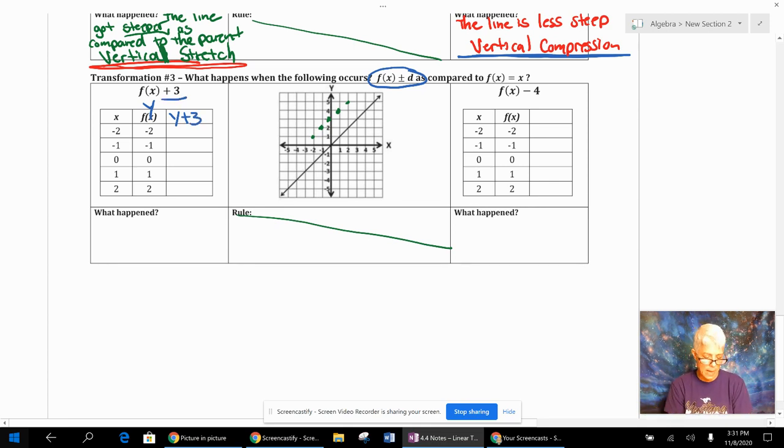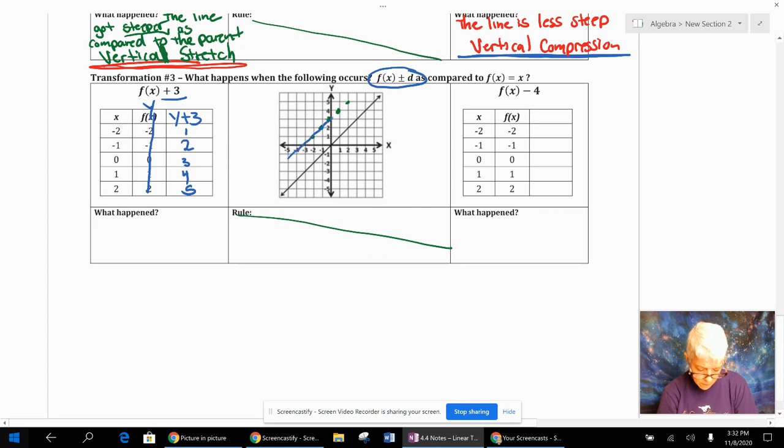So what happens to that? We always start with the parent function. I'm going to add 3 to the y value, and I end up with a 1, a 2, a 3, a 4, and a 5. And when I graph it, this is what it looks like. And then the other color.